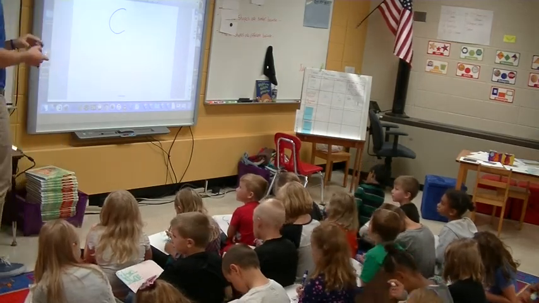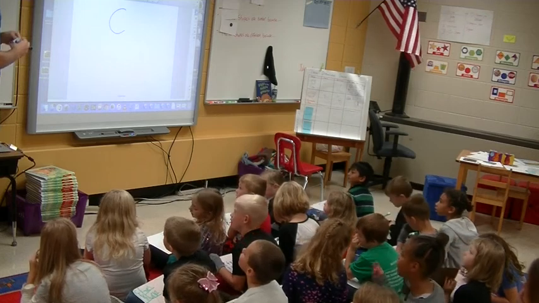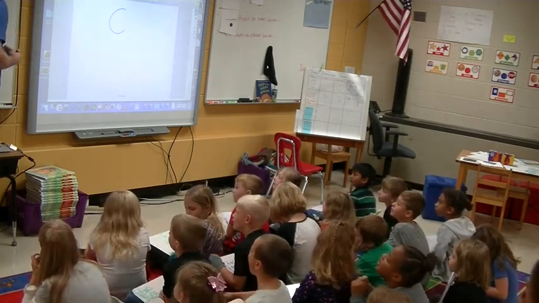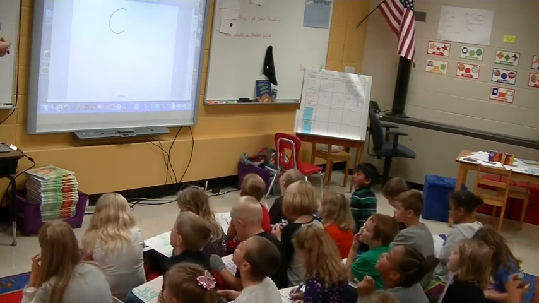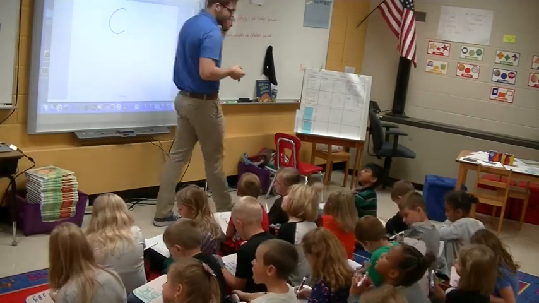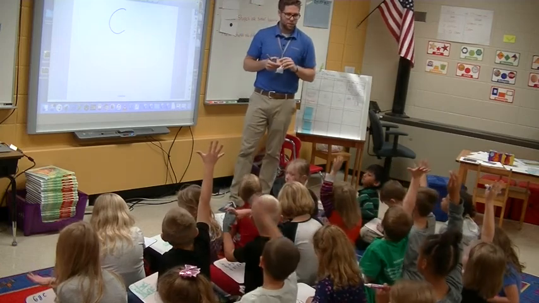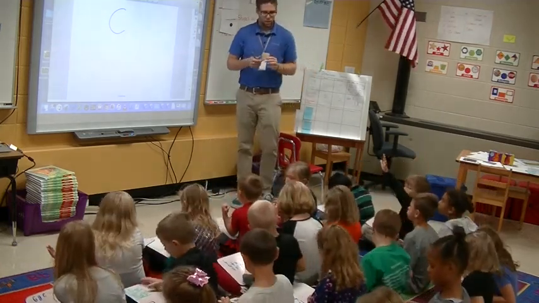Let's count them out. 1, 2, 3, 4, 5, and 6. Was he right? Yes. There's 6 square faces in a cube. How many vertices were there? 8. Can someone come up here and show me how we know that there's 8 vertices? Jalissa, can you come up here and show me?